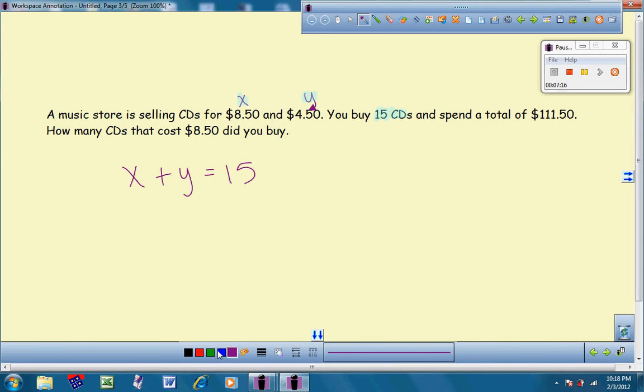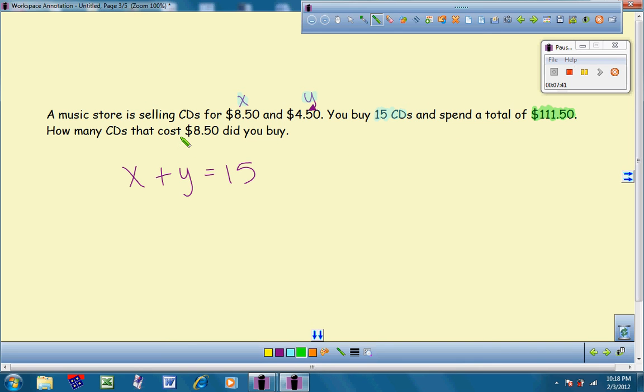Now let's go ahead and figure out the rest of our information. If we read further into our word problem, we see that we're going to be looking at another unit. This time it's going to be dollars. So what we'll do is highlight our unit of dollars. Is there anything else in our word problem that references dollars?